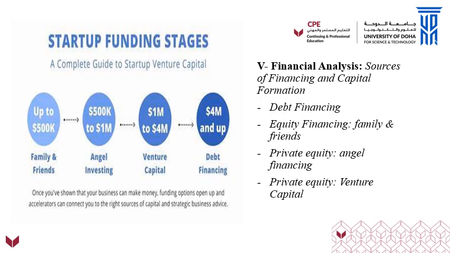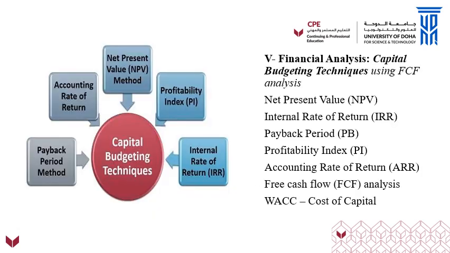Then you will succeed in bringing more funds from other investors, and that's what we call venture capital, as I said. Debt financing is the money you get from the bank or from any other financial institution that is willing to lend you money. So they are not being partners, they are just lending their money.